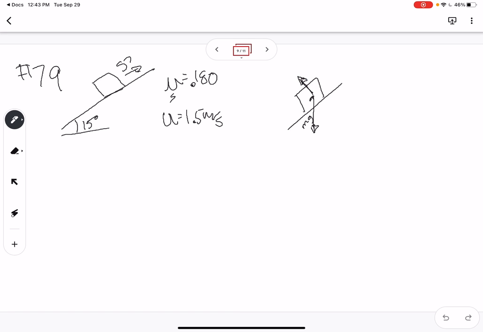Now, IB calls this the reaction force. I don't call it reaction because what do I always call R? Resultant. So I hate using R. I'm doing it here to model what you would do on the IB exam. I typically will use normal force, F of n.